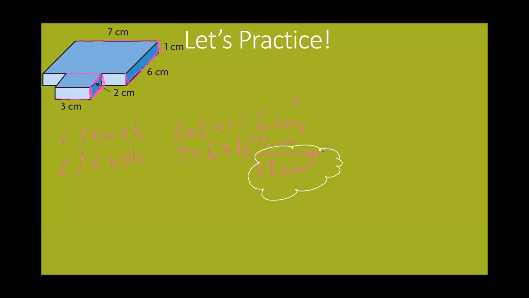If at the end of the lesson you still don't get it, please watch the video over again. Go on YouTube and search for volume of composite figures or volume of irregular figures or volume of composed figures. Find the information, and then you'll be able to say, once you have practiced, now I get it.